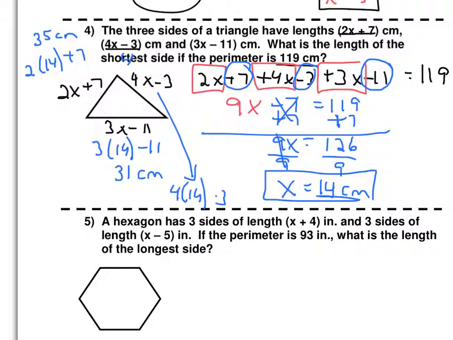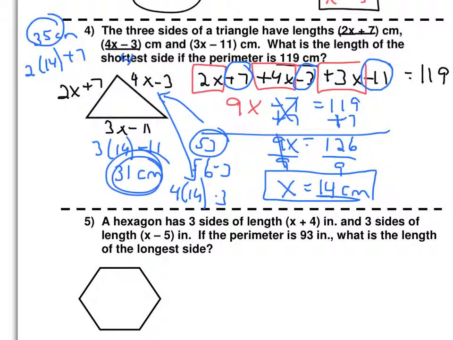So 4 times 14 is 56 minus 3, which would be 53 centimeters. So the answer, you have 35, 31, and 53 there. So 31 centimeters is the answer. So the shortest side is 3x minus 11, or 31 centimeters.